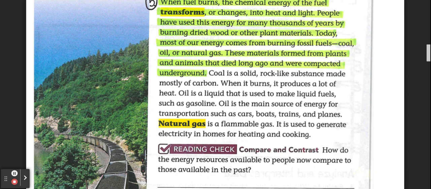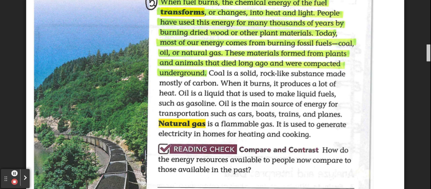These fossil fuels came from plants and animals that died a very, very long time ago. And it takes many, many years for this to be pressured under different layers of the earth and compacted and heated up because we talked about how it gets warm under the layers of the earth.